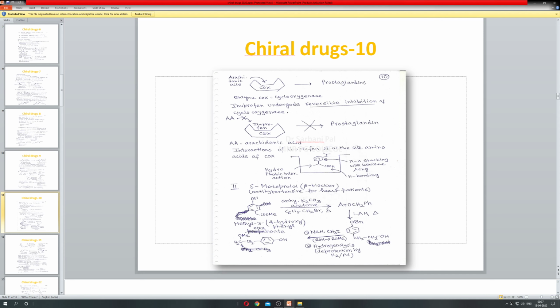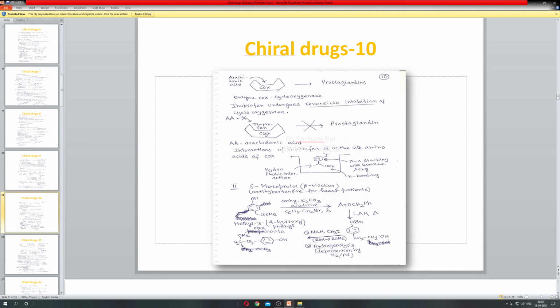Now when ibuprofen comes, it interacts with the cyclooxygenase, and how it interacts we already know. The carboxylic acid undergoes hydrogen bonding, the benzene ring undergoes pi-pi interaction, and the methyl present at the chiral center undergoes hydrophobic interaction. So this is the 3-point contact model.